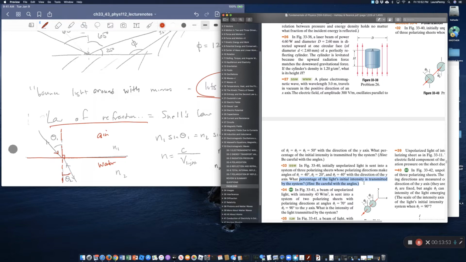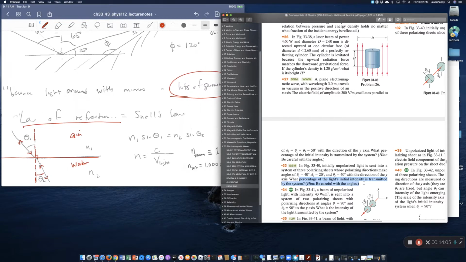Light could go either way, so I sometimes draw them the other way. You could have light coming from the water into the air. You could have the light coming from the air into the water. All media have what's called an index of refraction, and it's the ratio of the speed of light in a vacuum to the speed of light in that medium.